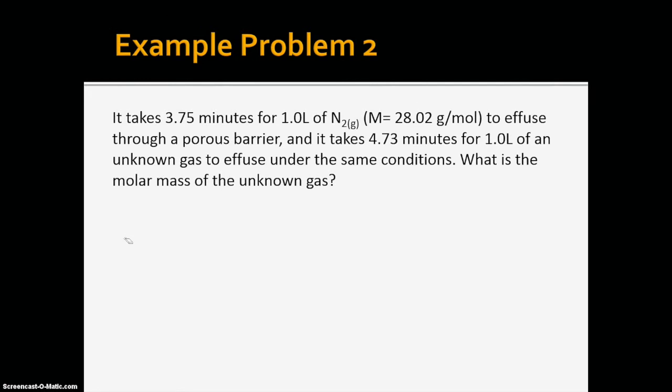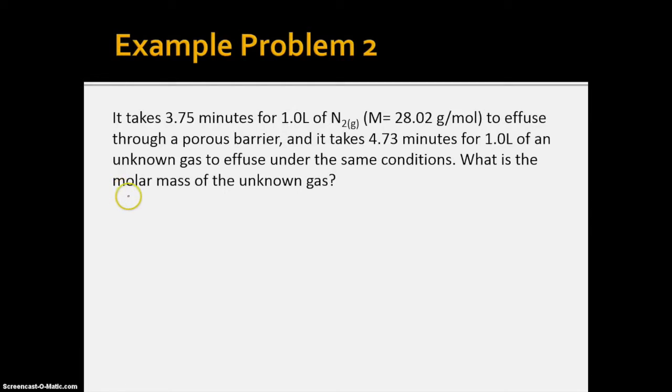Alright, so for problem 2, we'll be doing one that is dealing with time rather than rate. So we're going to have to do things a little bit differently than we did for the previous problem. First, you want to write your equation again. Remember that rate is not time, and they're giving you time here. And remember, rate is equal to delta x over delta t, and that time is in the denominator.